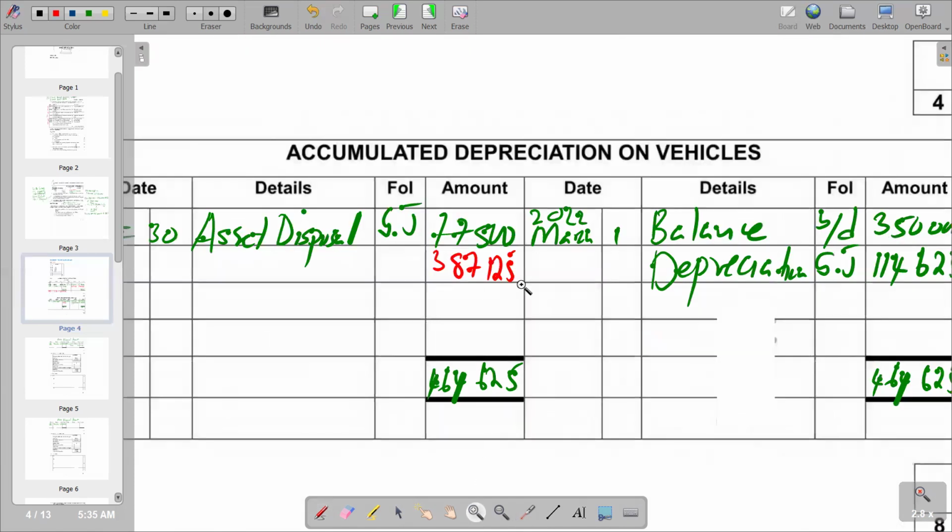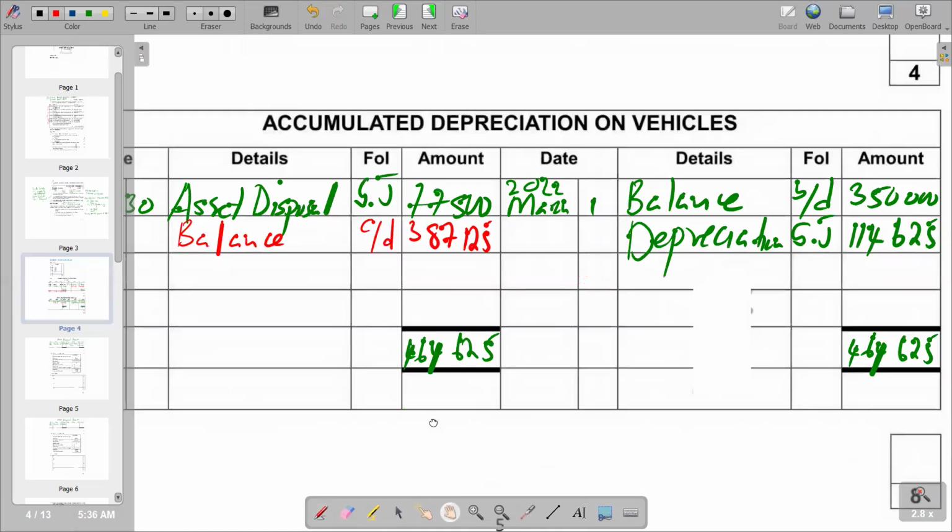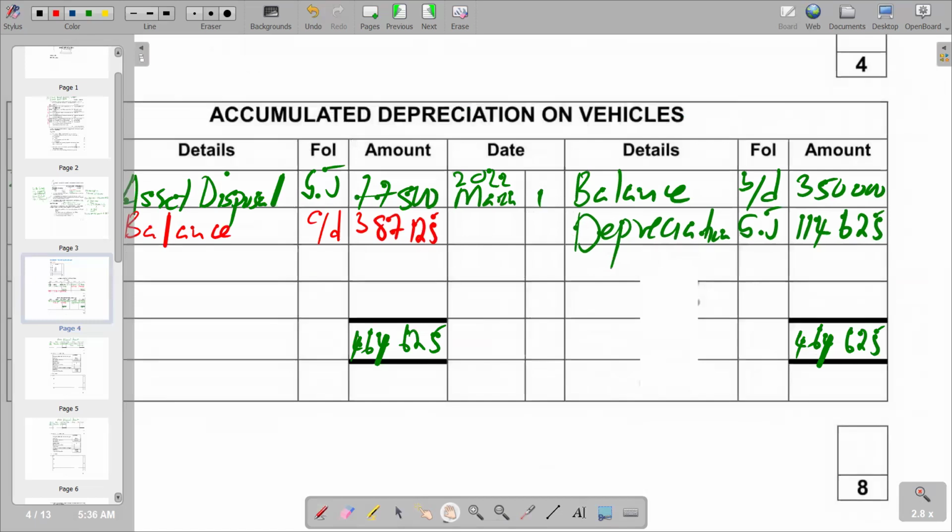So from there, we have to make a description for our balance CD. The same text applies to the balance CD, but also to the balance BD on the opposite side below the double lines.